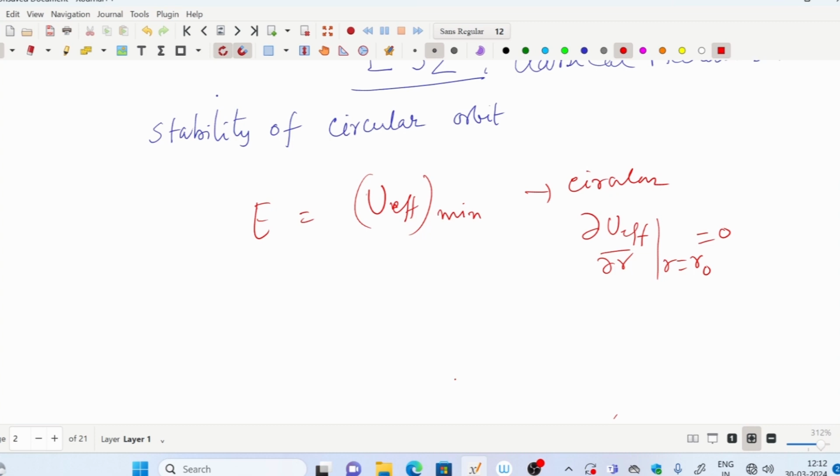But del U effective del R equal to 0 is also a condition for a maximum.